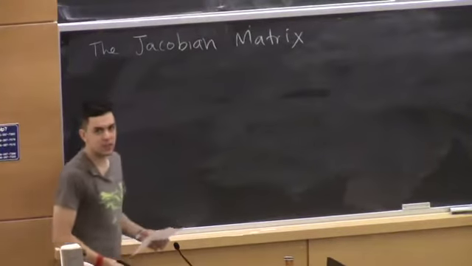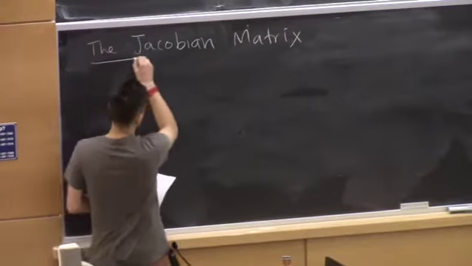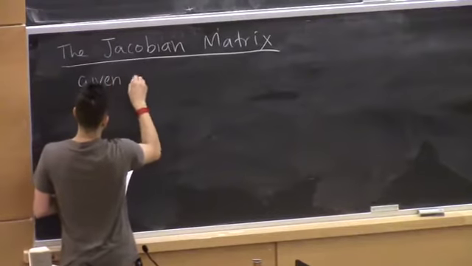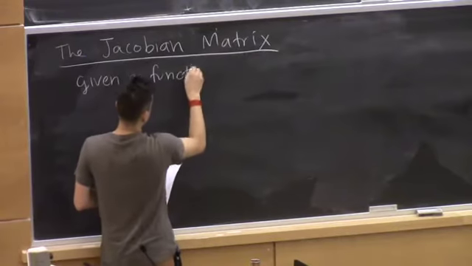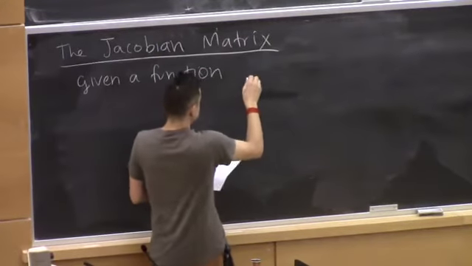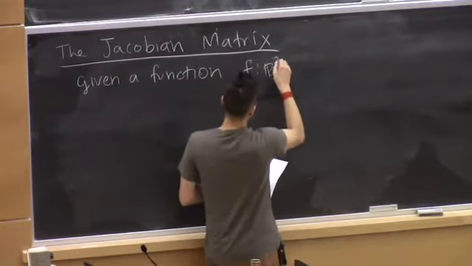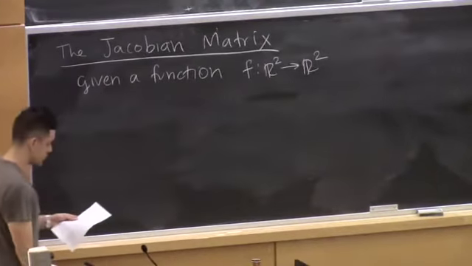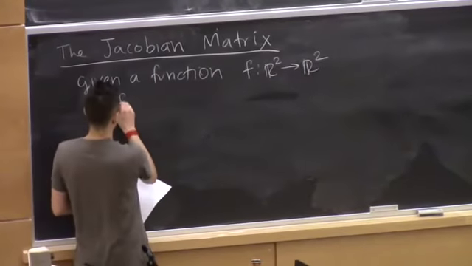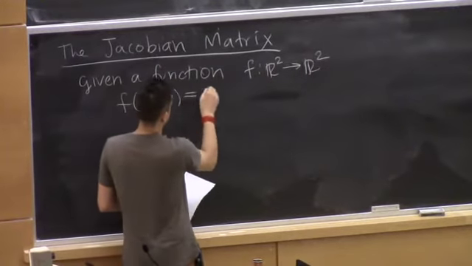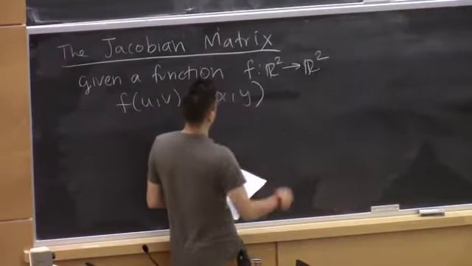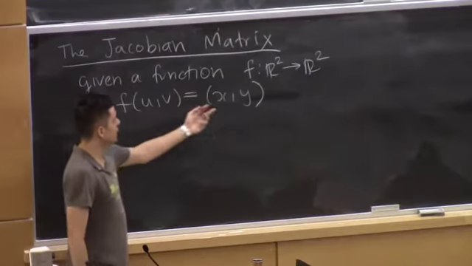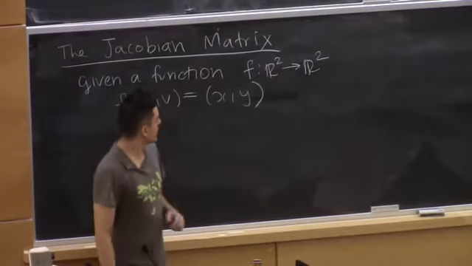The connection is something called the Jacobian matrix. Given a function like this, we're going to write that we take two inputs, u and v, and we get two outputs, x and y.